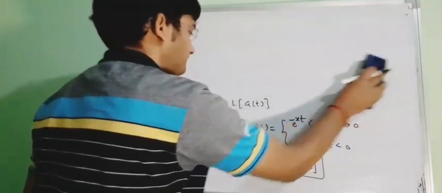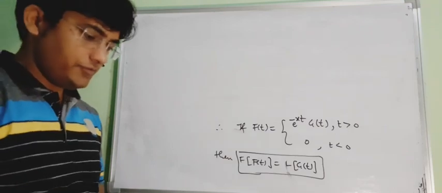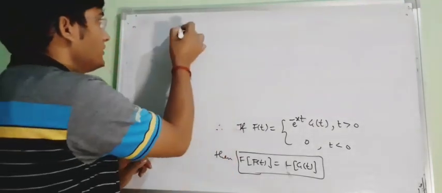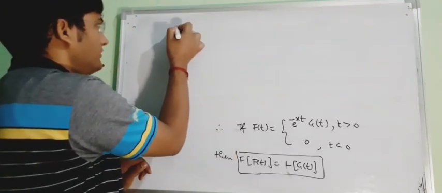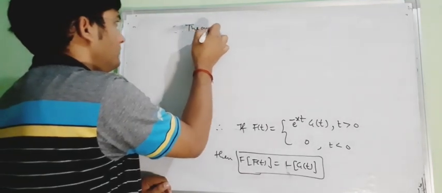Next, let us prove the derivative property. That means the fifth property, you can say it is a theorem.